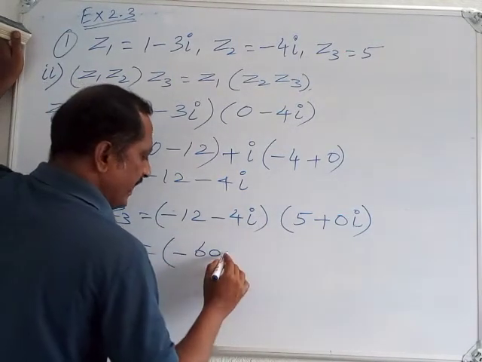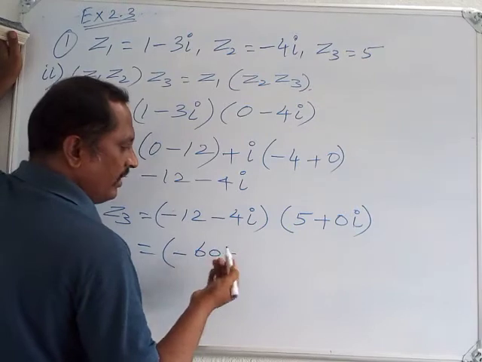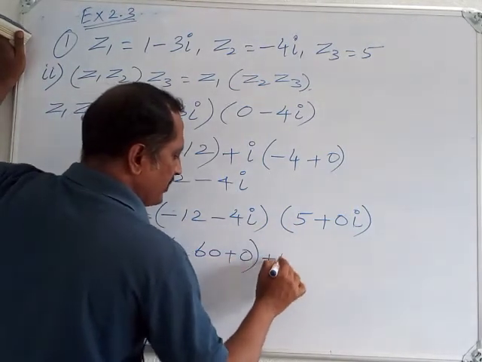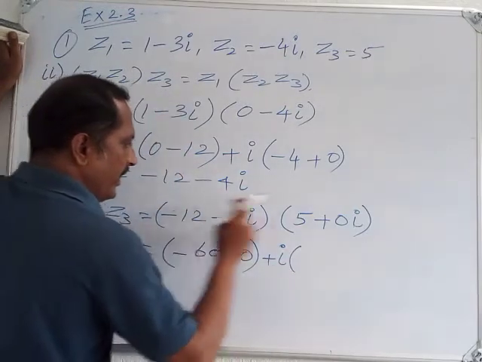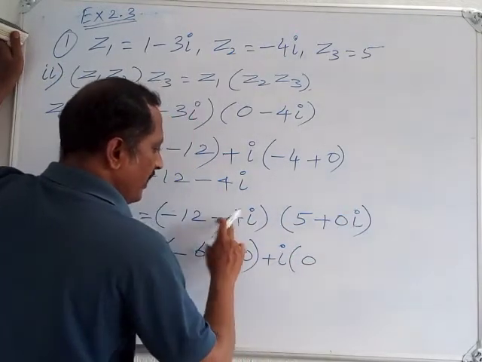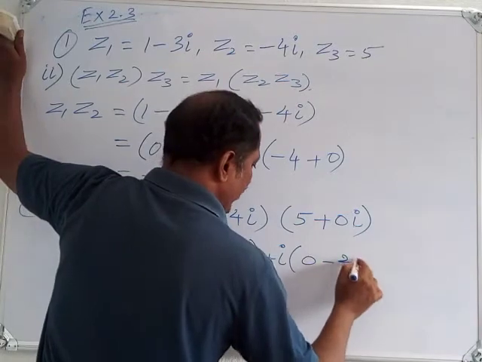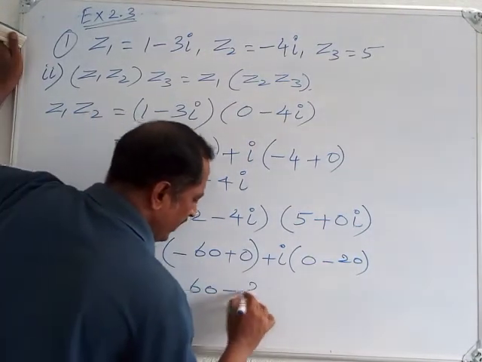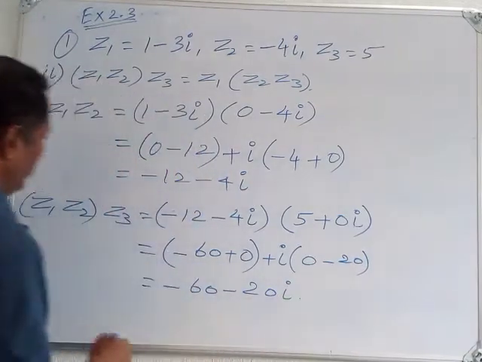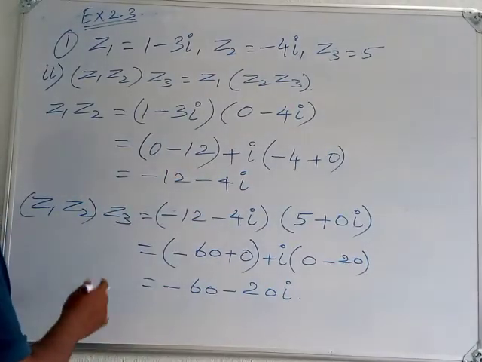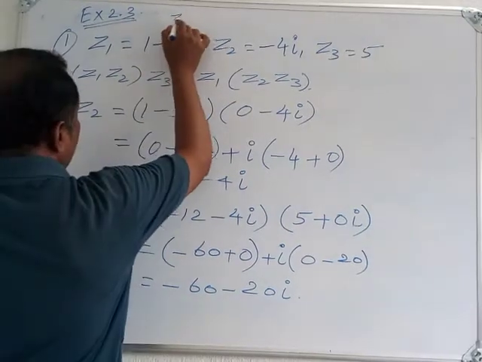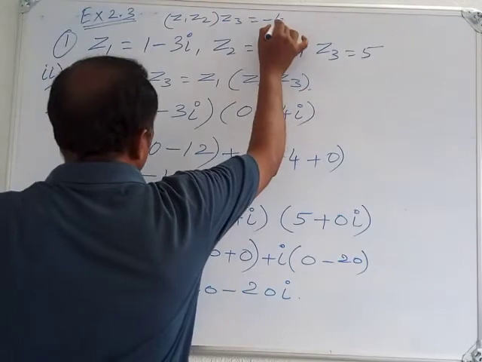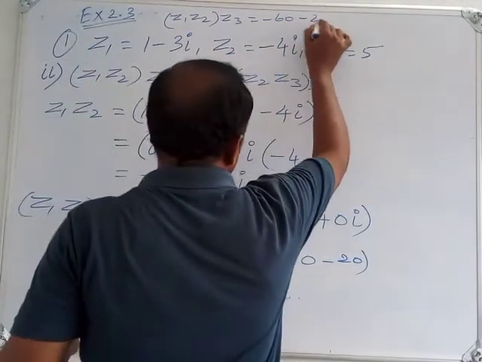Signs are different, so put a minus symbol. 4 into 0, 0, over. So next, plus i into real into imaginary 0, imaginary into real, minus 4 5s are 20. So which is equal to minus 60 minus 20i. So left side over, the left side answer is z1 z2 into z3 is equal to minus 60 minus 20i.